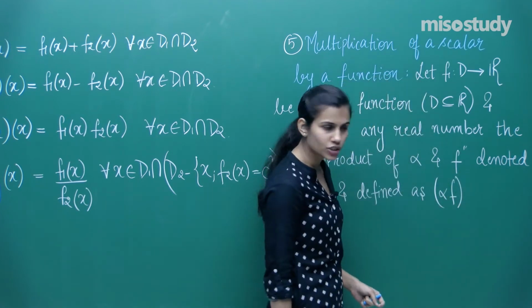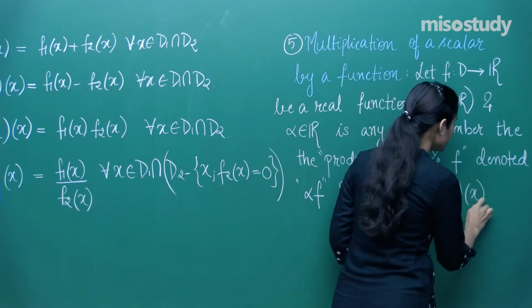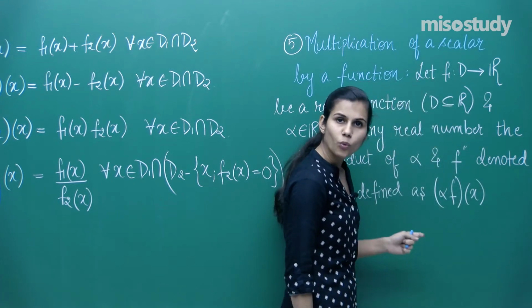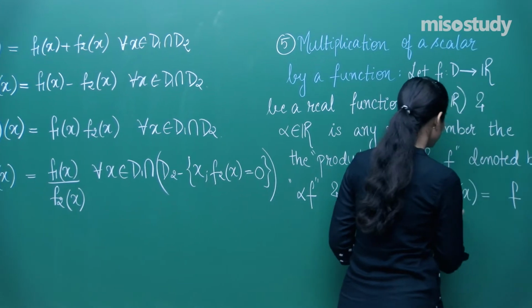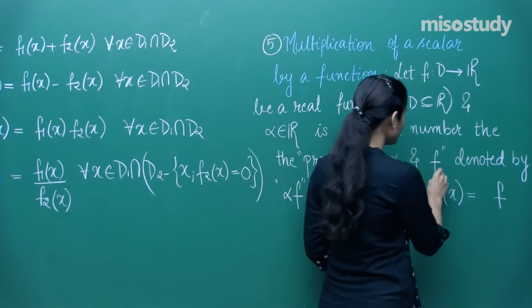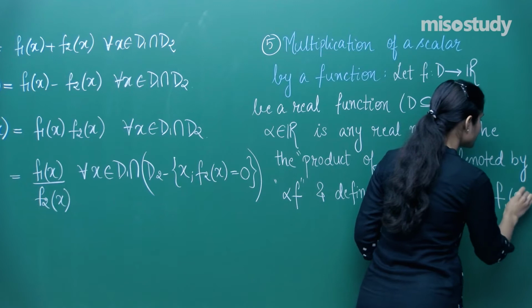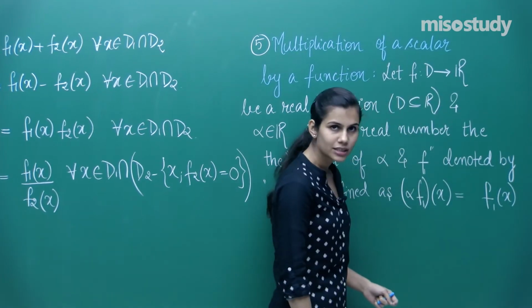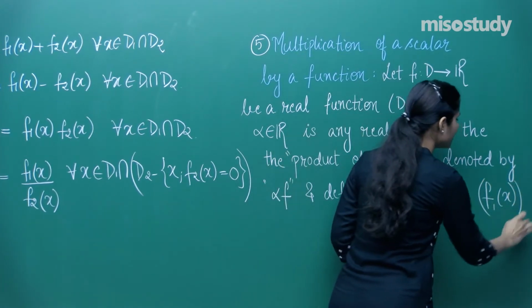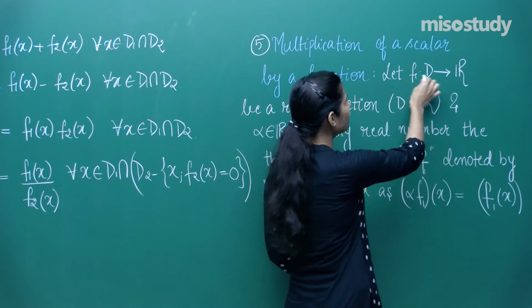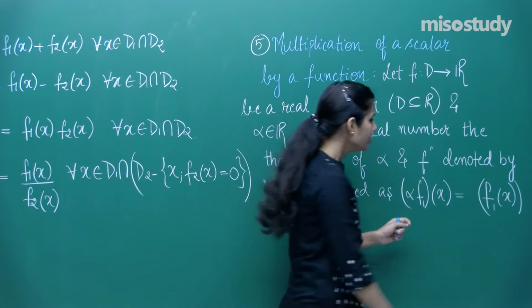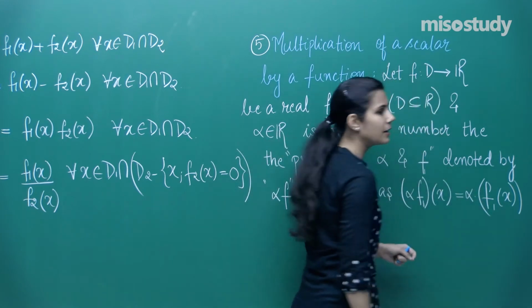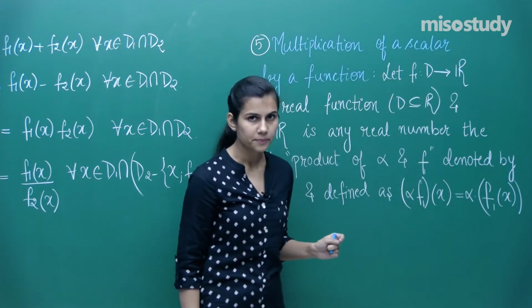When this function acts upon the inputs, what it does is, this f1 which is already present acts upon the input, and once this real number is obtained, because f1 of x is inside the real line for every x inside D1, you multiply this real number by the real number alpha.